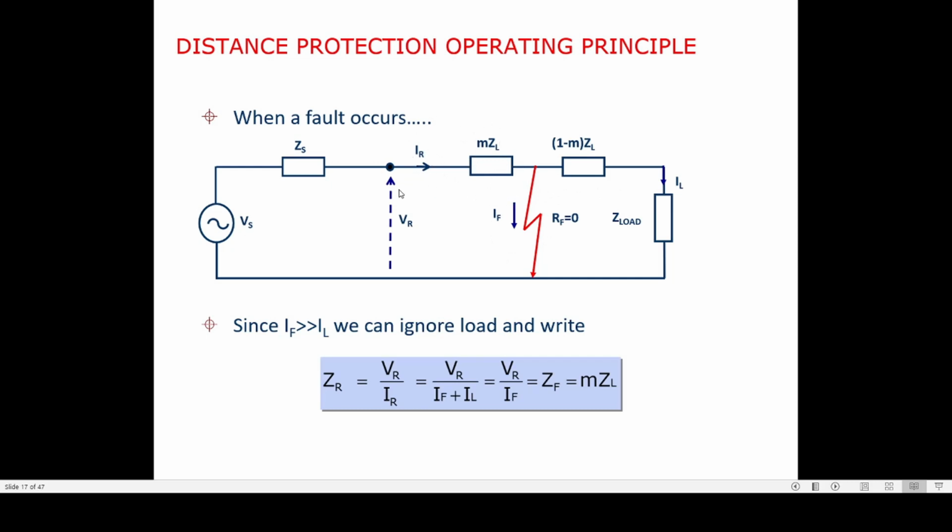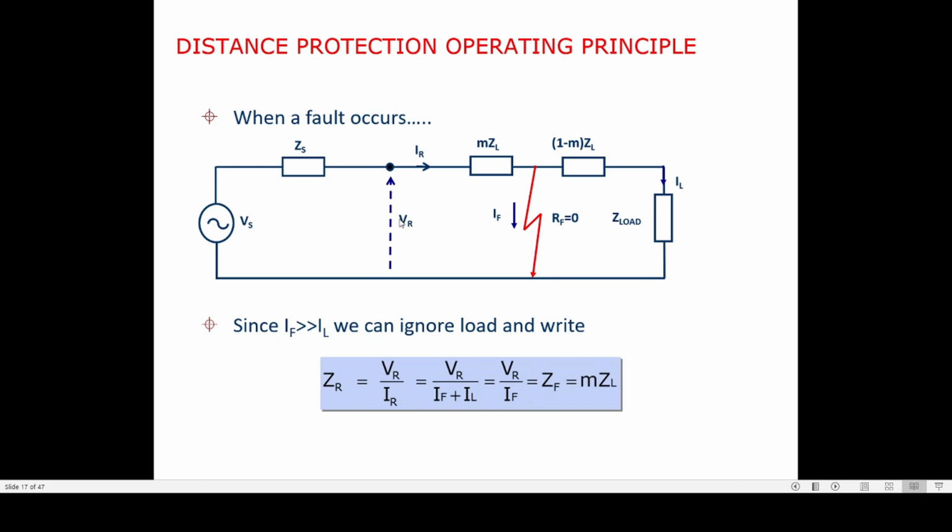And this VR is basically IF times MZL if you are neglecting the fault resistance. That means the impedance measured by the relay will be IF times MZL divided by IF plus IL. And if we neglect the load current, because the fault current is always much higher as compared to the load current, then we get VR divided by IF, which equals M times ZL.